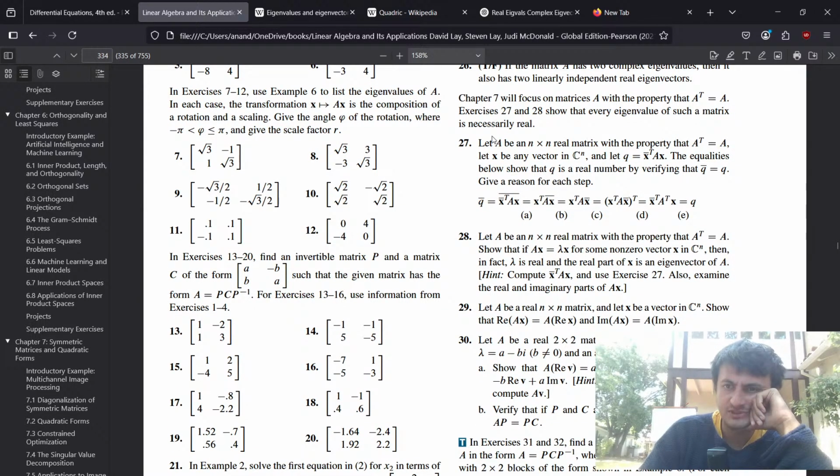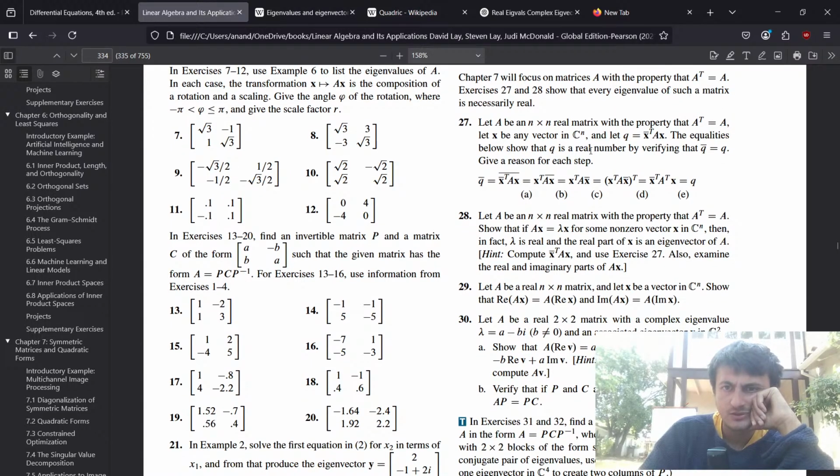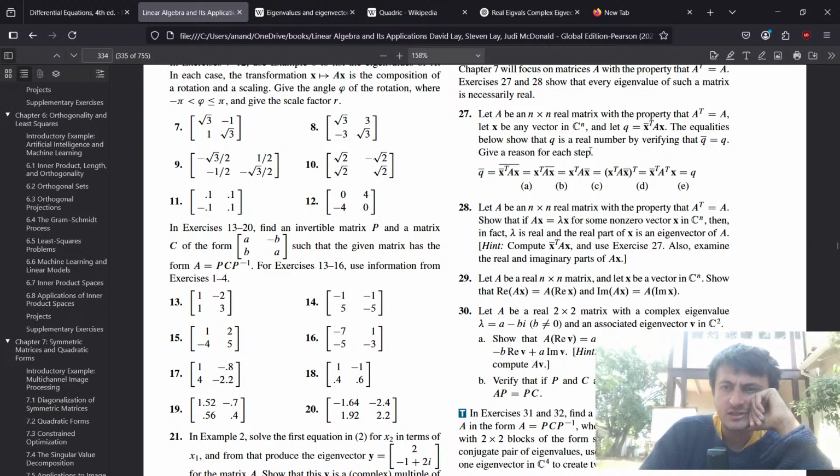Let A be an n by n real matrix with the property that it's symmetric. Let x be any vector in C^n, and let Q equal x-bar transpose A x.